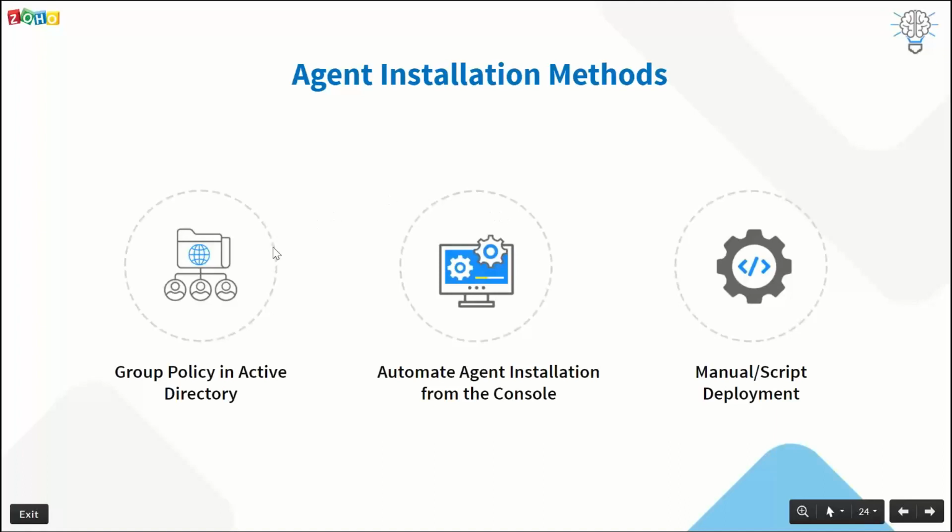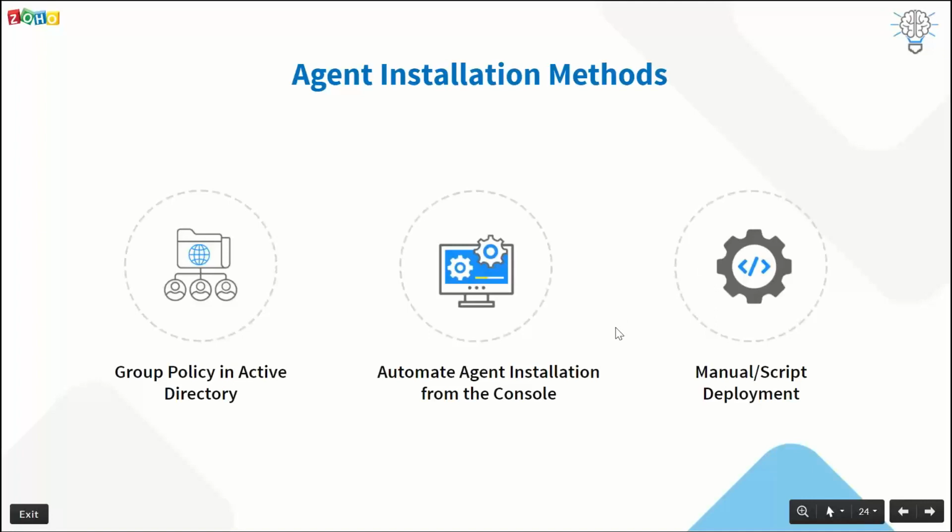The second method is if you use an Active Directory in your network, you can leverage this to install agents using the group policy object. Finally, you can also install agents using scripts or manually download the agents from the Desktop Central server and install them on your endpoint.